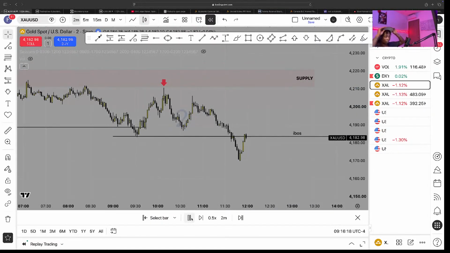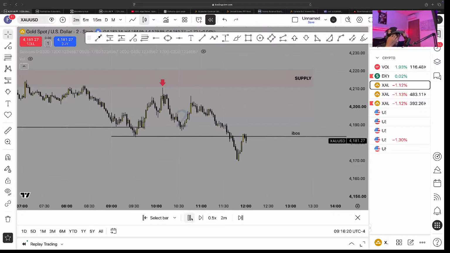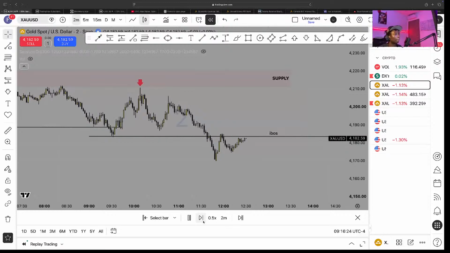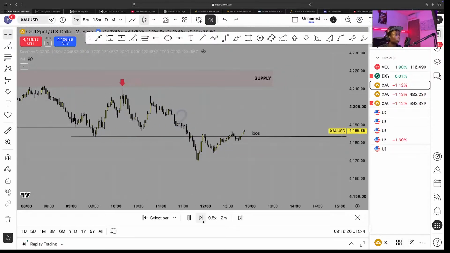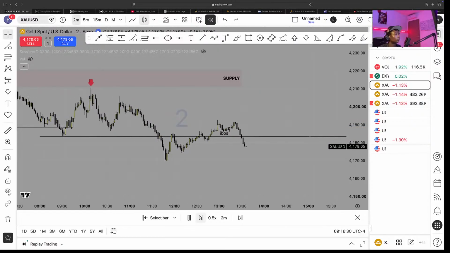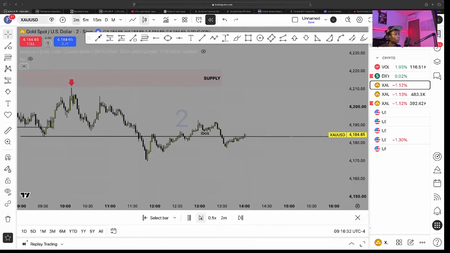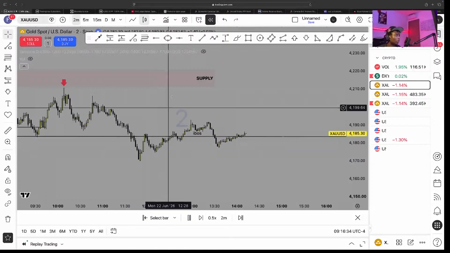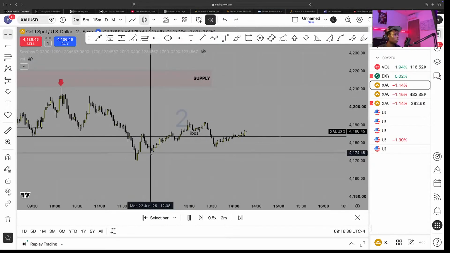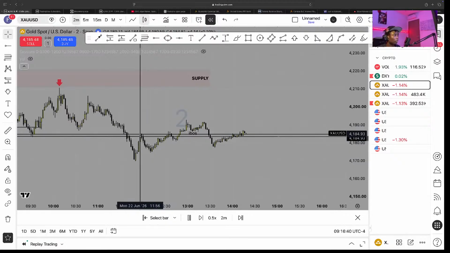So let me play the chart on the 2 minutes. Let's see if we're still gonna have the same thing on the 2 minutes. Guys, don't forget this is the last low. This is the last low on the 2-minute time frame that took out this high.